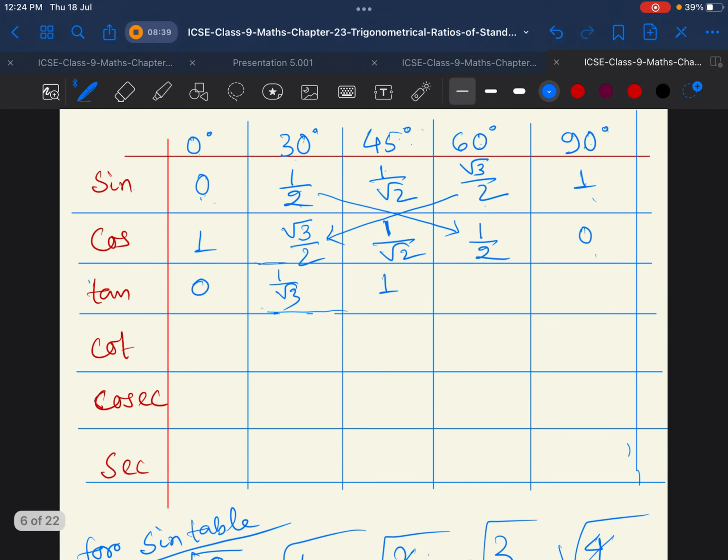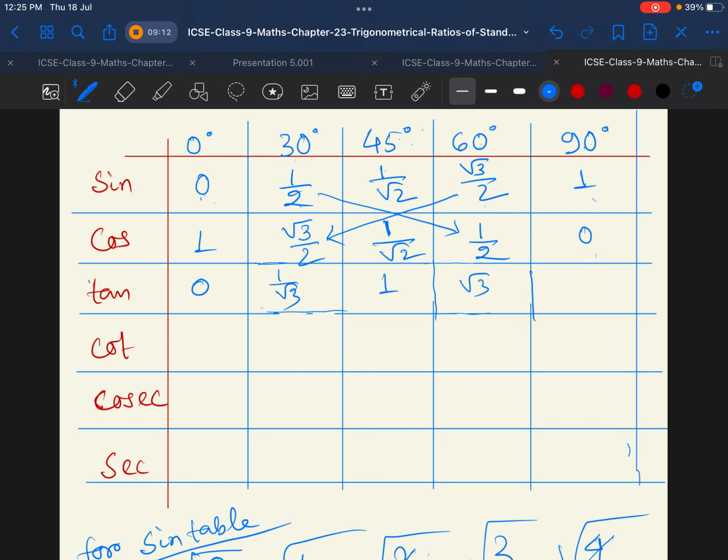And tan 60 is root 3 by 2 divided by 1 by 2. So we can write root 3 by 2 into 2 by 1. The 2 is cancelled, then we will get root 3. So the value of tan 60 is root 3.